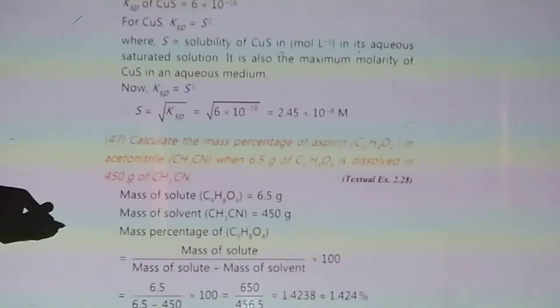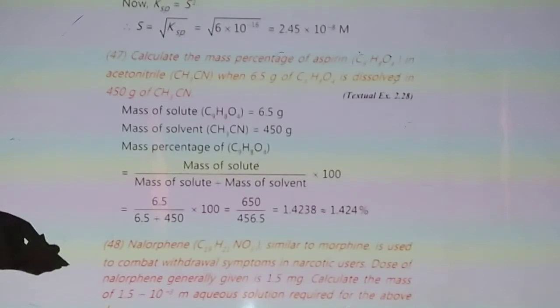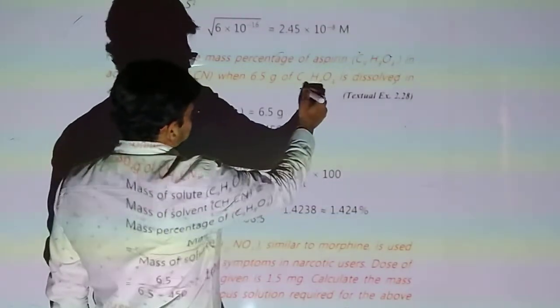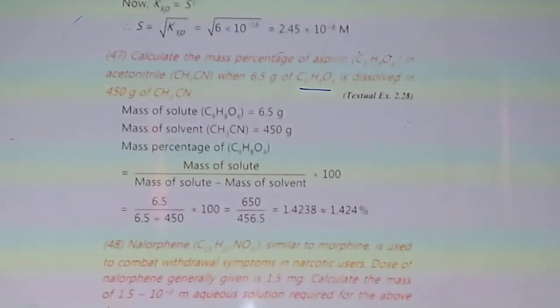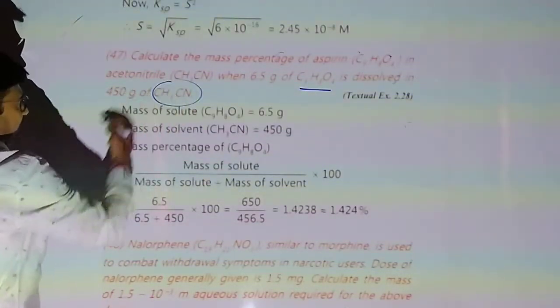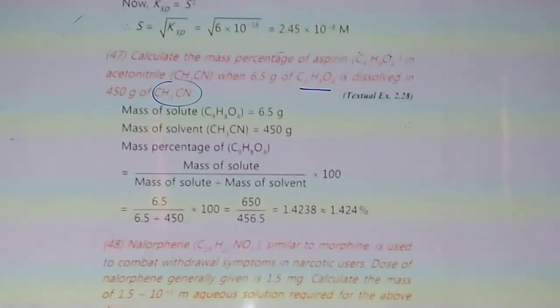Calculate the mass percent of aspirin. Formula of aspirin is C9H8O4. When 6.5 gram of aspirin is dissolved in 450 gram of acetonitrile, methyl cyanide is a solvent.